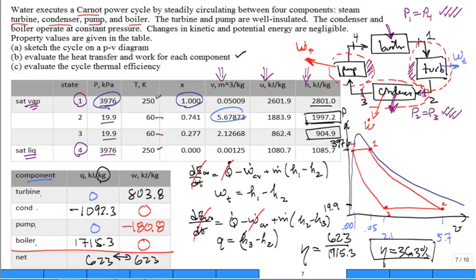Somebody says, is this a Carnot vapor power cycle or a Carnot power cycle? It is. Somebody says all the heat's brought in at 250 degrees C. All the heat's rejected at 60 degrees C. Can I use 1 minus Tc over Th? If I put 1 minus, the low temperature is 60 divided by the high temperature 250, will I get 36.3%? No. Why will I not get it? Because it absolutely must be an absolute temperature scale.